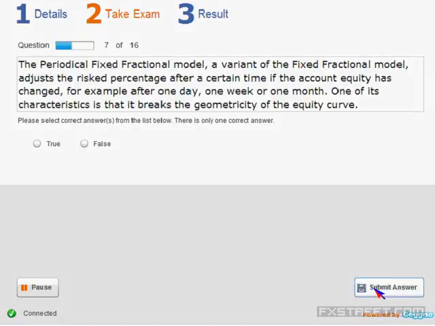And the next one asks, the periodical fixed fractional model, variant of the fixed fractional one, adjusts the risk percentage after a certain time if the account equity has changed, for example, after 1 day, 1 week, or 1 month. One of its characteristics is that it breaks the geometry of the equity curve. Okay.